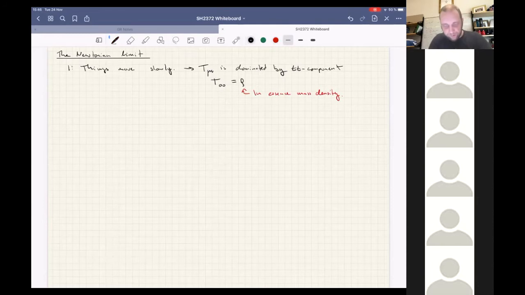Okay. So the second requirement is that things are not incredibly heavy. So the mass density is small.